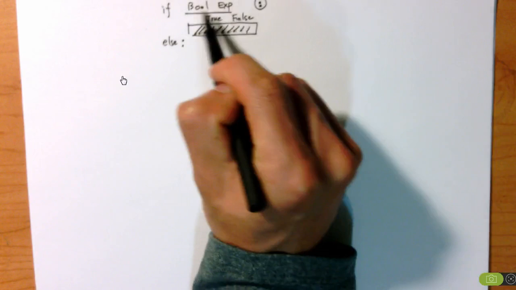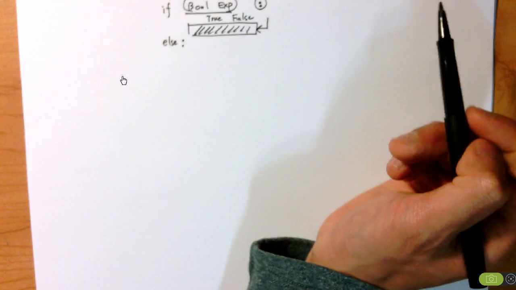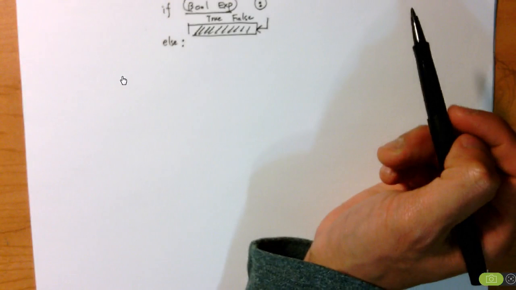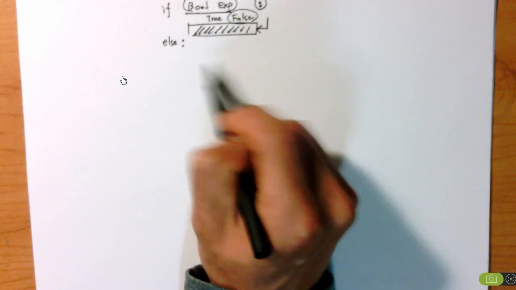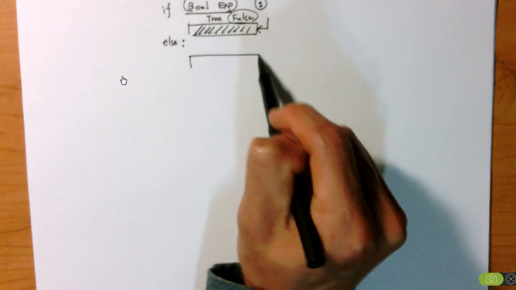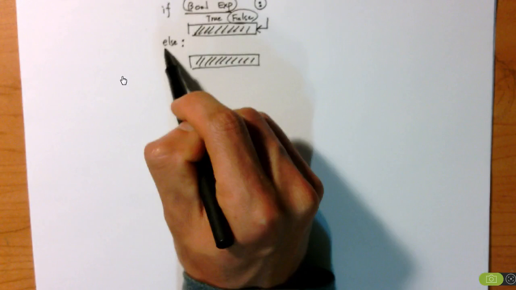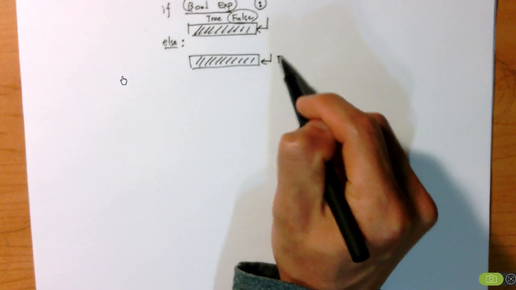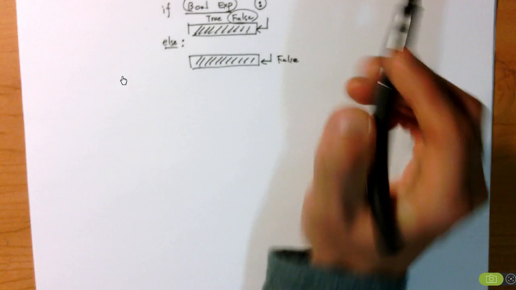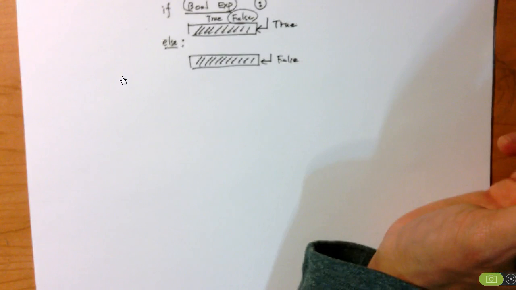If this Boolean expression becomes true, then you evaluate this sequence of statements. Otherwise, if this Boolean expression becomes false, then it's going to evaluate the sequence of statements after else. So this is the false branch, this is the true branch, and this is the if statement.